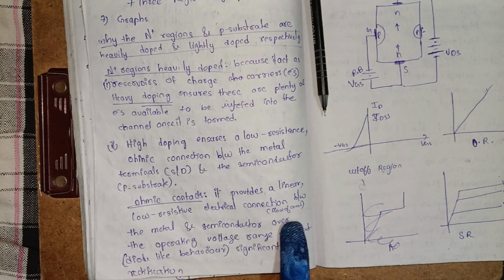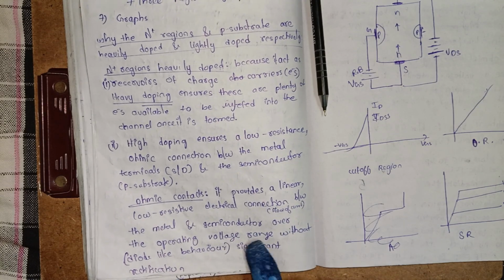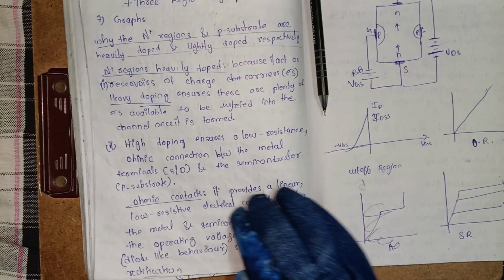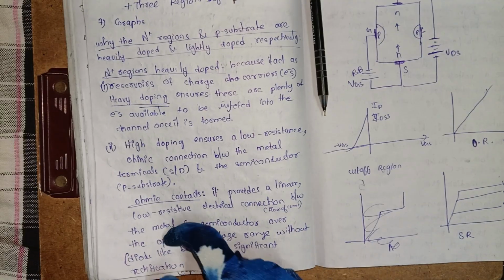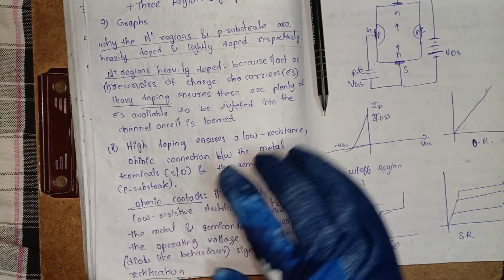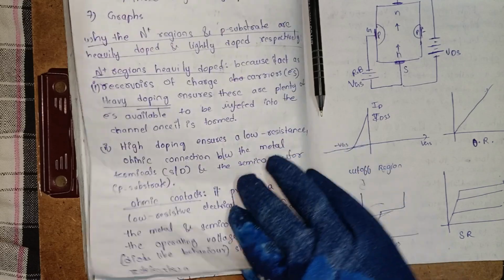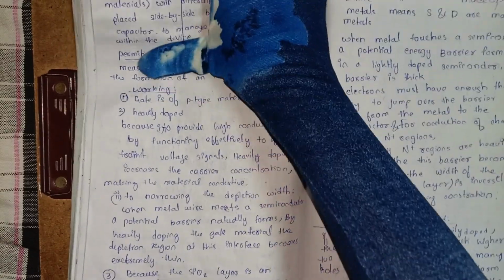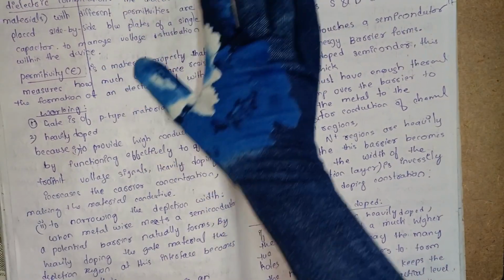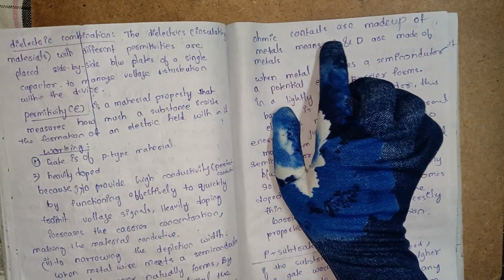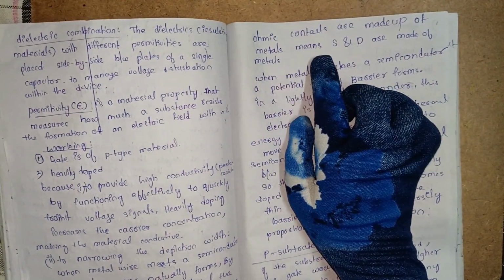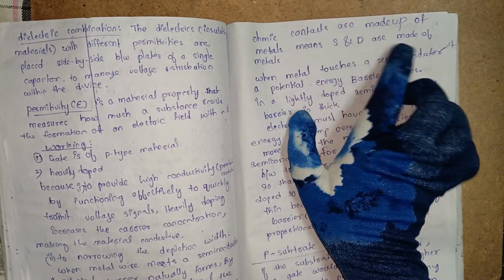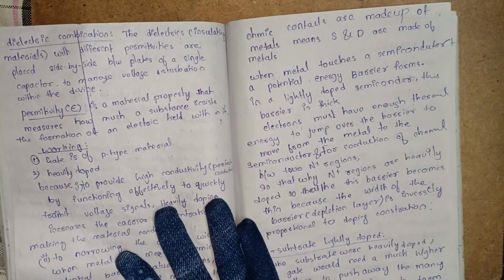Semiconductor means P substrate over the operating voltage range. Okay, so metal in the ohmic contact means the source and drain terminals. So ohmic contacts are made up of metals means source and drain are made up of metals.